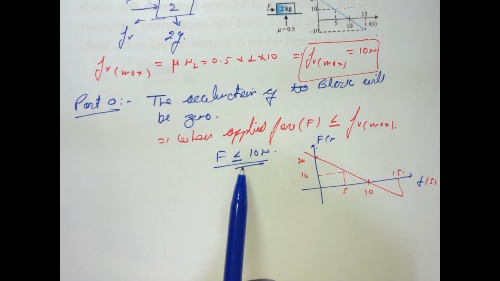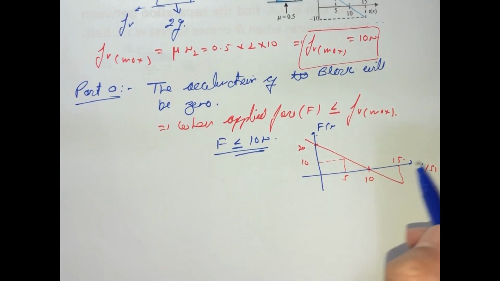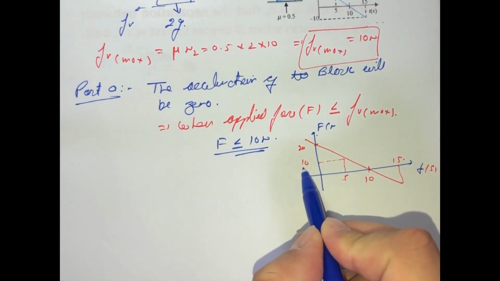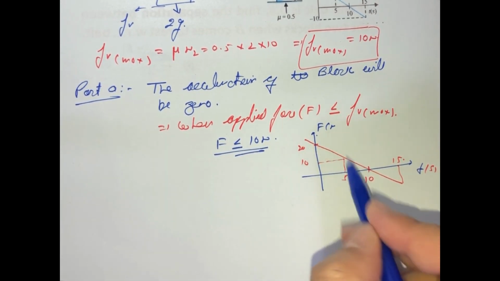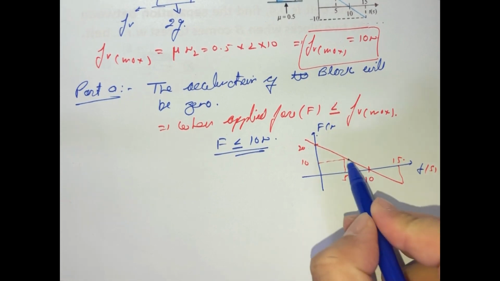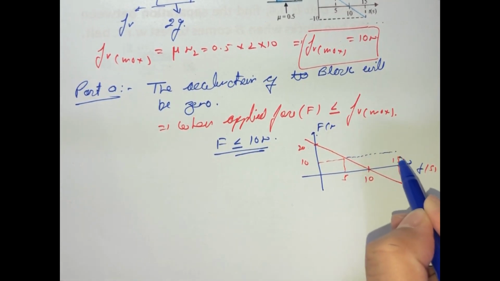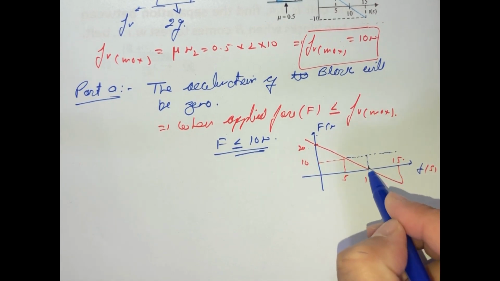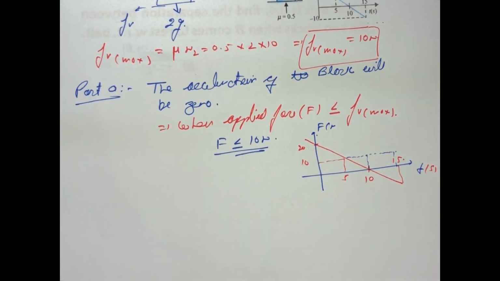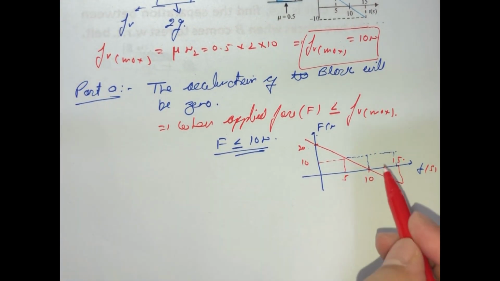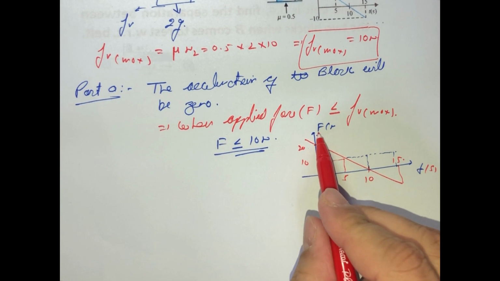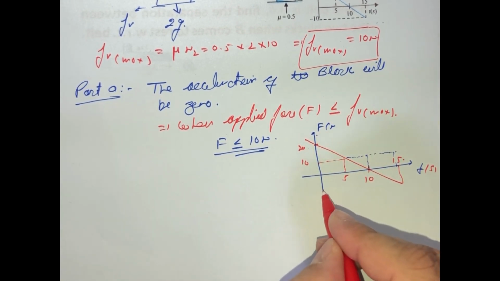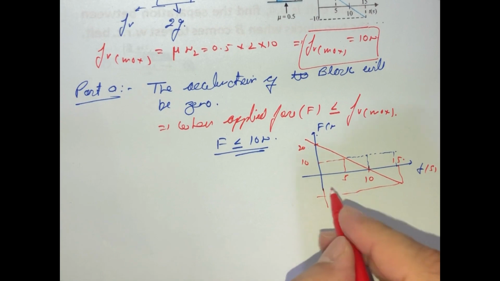So the applied force should be less than or equal to 10. It has the value of 10 at 5, and if you extend this, it also has these values. But from here we can say that at time t equal to 10 seconds, the value of the applied force is going to be negative, given as minus 10.